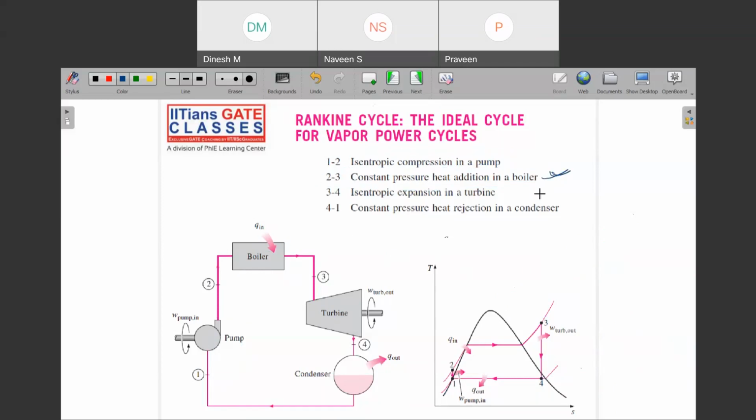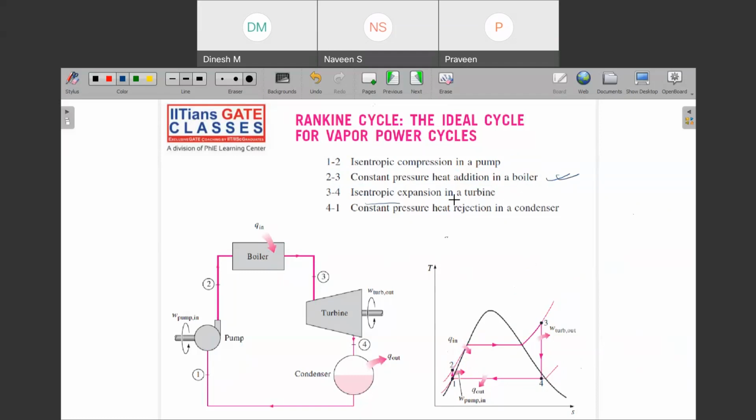So this is one difference. Why? Because if this was the Carnot cycle, then your heat addition part started here, right? But in the case of the Rankine cycle, you have pumped the fluid. When you reach the boiler part, your heat addition part has started at this point only. So can I say that these are constant pressure lines? So heat is added at constant pressure only in a boiler.